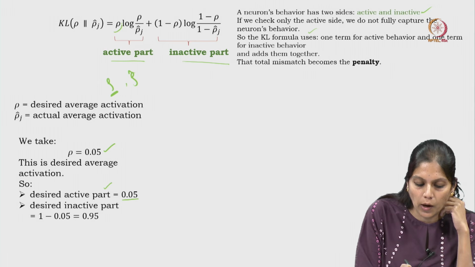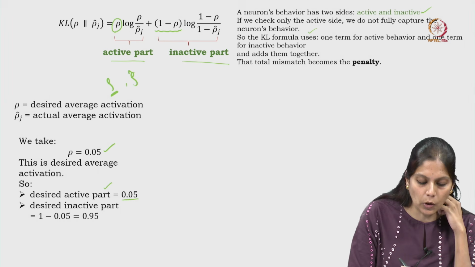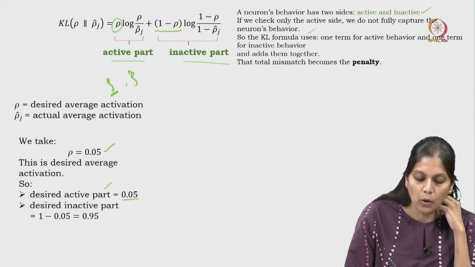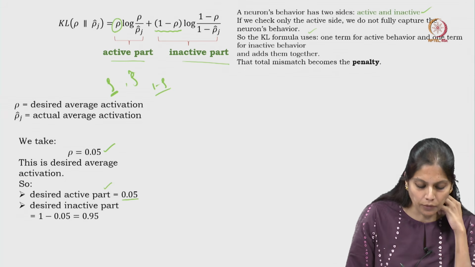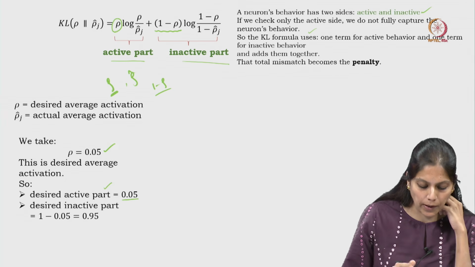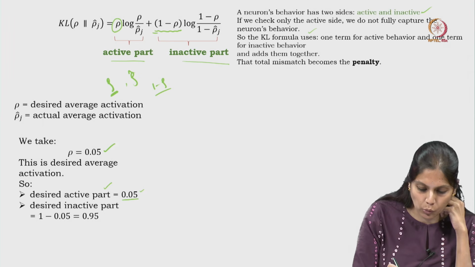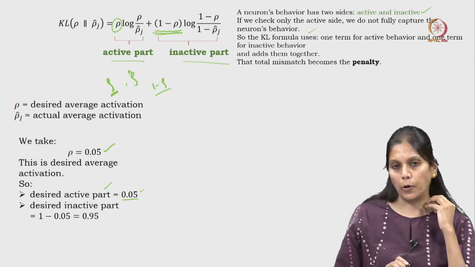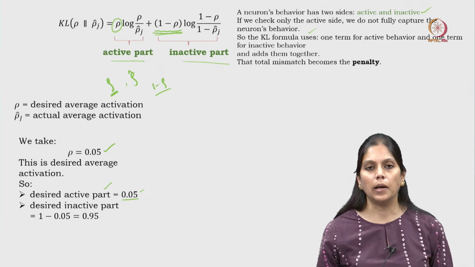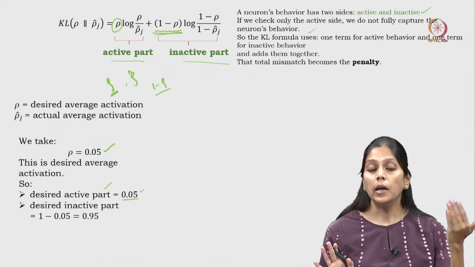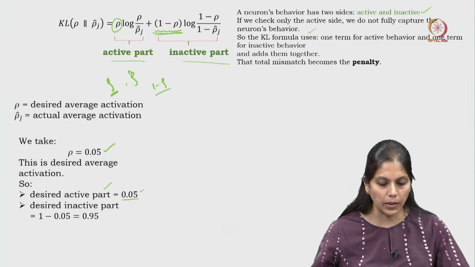In the formula you have this term and this term also. Rho says active, 1 minus rho says inactive. So if rho is 0.05, the desired active part, then the desired inactive part, which is 1 minus rho, is 0.95. We have just calculated the desired inactive from the given desired.